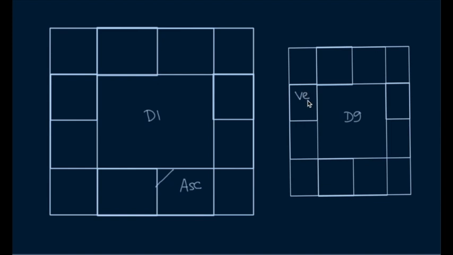Clear? So the first house is Libra, and the Lord of Libra is Venus, which is placed in the Aquarius Navamsa. What you have to take into account is the transit of Saturn over Venus. When Saturn is transiting over the Lord of the first house, what can happen?